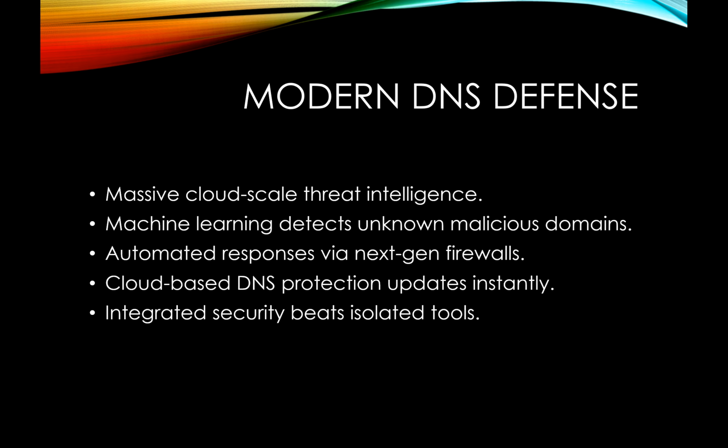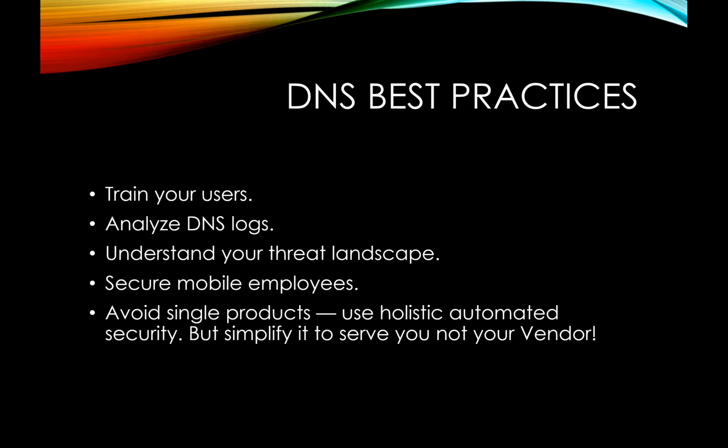You need machine learning to detect unknown malicious domains. You need automated responses via next-generation firewall if you are able to do so. You need cloud-based DNS protections that update swiftly or instantly. You need integrated security that beats isolated tools.